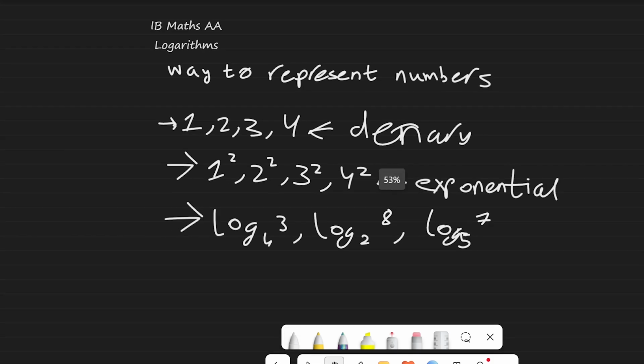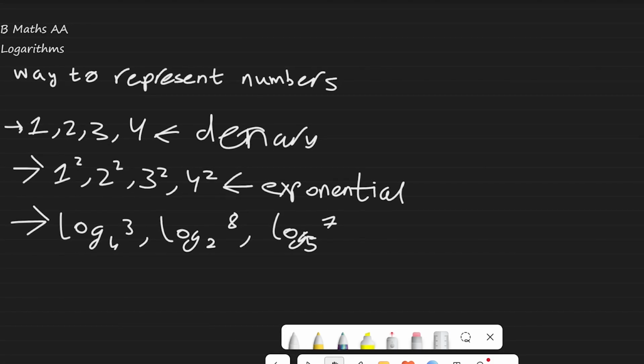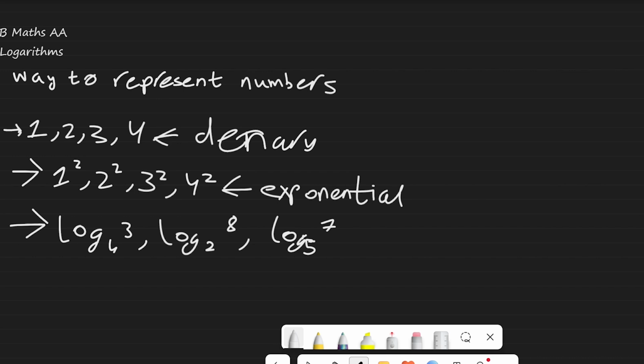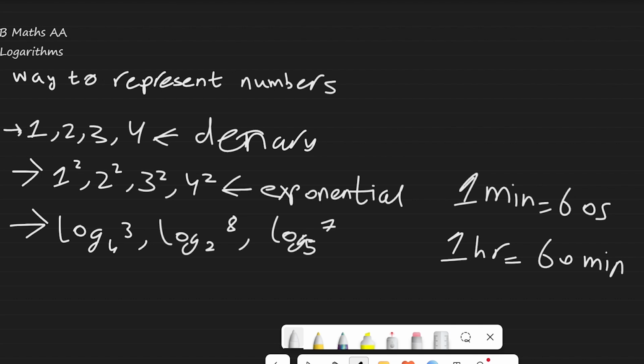Okay, there are other representations as well, like the time is represented in terms of 60. For example, 1 minute equals 60 seconds, then 1 hour equals 60 minutes, and these are in terms of 60, right?